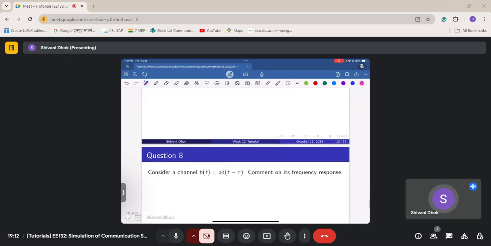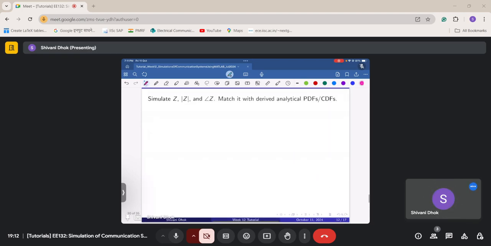Both question 6 and question 7 are simulation based questions. These simulation questions I will solve at the same time together.